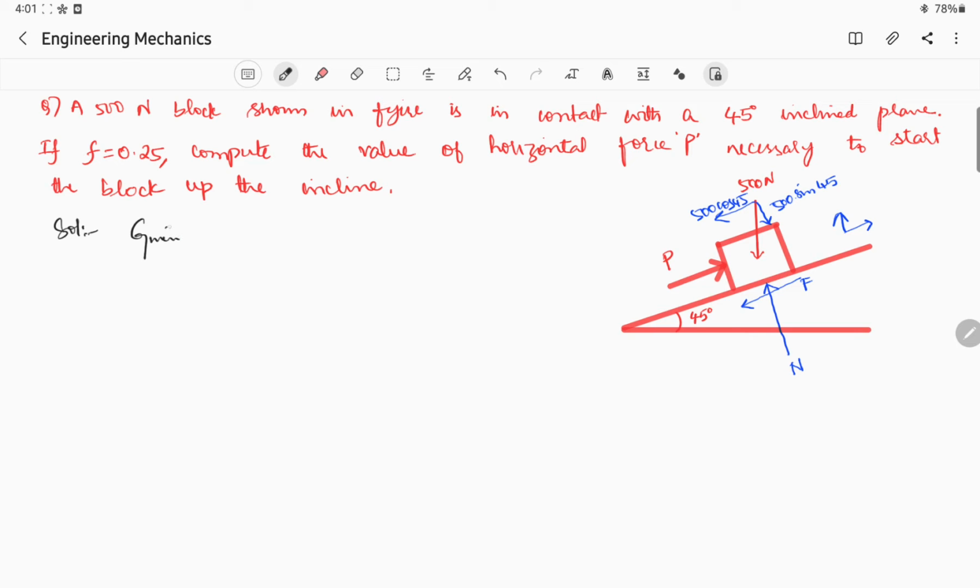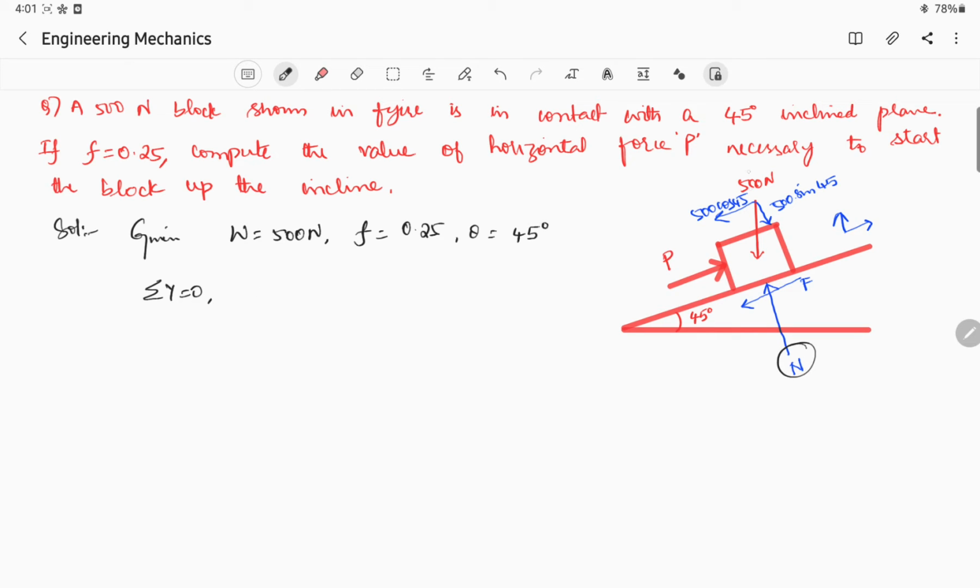So what are the given things? I'll write here first. The weight of the block W is how much? 500 Newton. Coefficient of friction under the two surfaces is 0.25 given, and theta is also given to us, which is 45 degrees. Okay, so first we'll go with sigma y is equal to 0. How many vertical forces we have here?